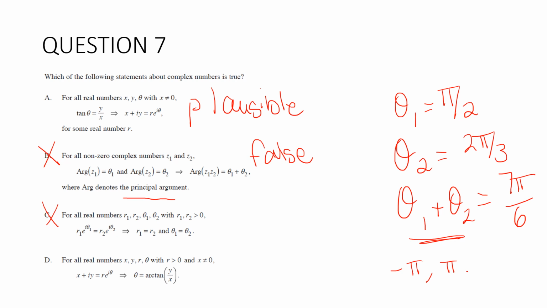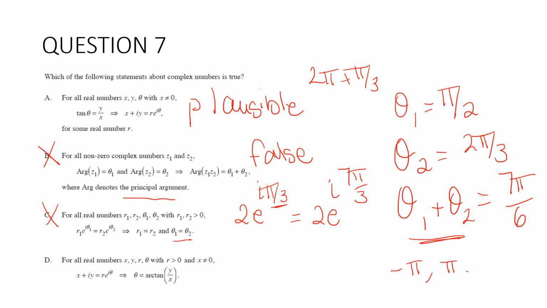And theta 1 is equal to theta 2, but this part is not correct because you can have the same complex number. Suppose you've got 2 e to the i pi on 3. That's actually going to be the same as 2 e to the i, I'm just going to add 2 pi to this. So the same thing, 7 pi on 3. And yet we don't have theta 1 is equal to theta 2.